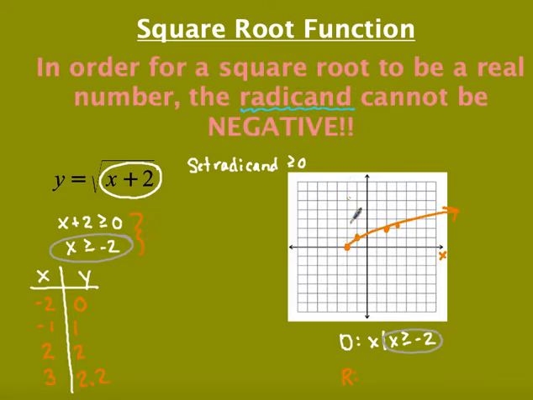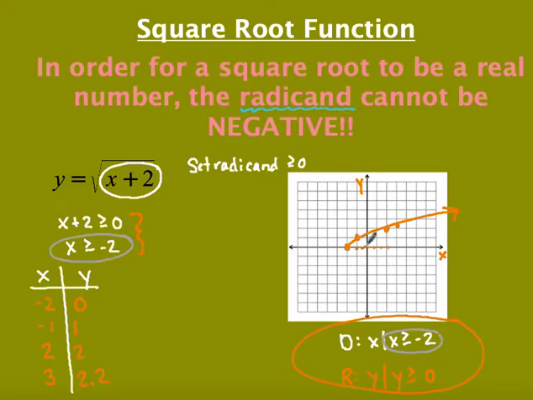Now my range here on the y-axis, you can see that my lowest y value here is 0. So my range is all y values such that y is greater than or equal to 0. So it's starting at -2 on the x-axis, and it's starting at 0 on the y-axis. That will find our domain and range for us.